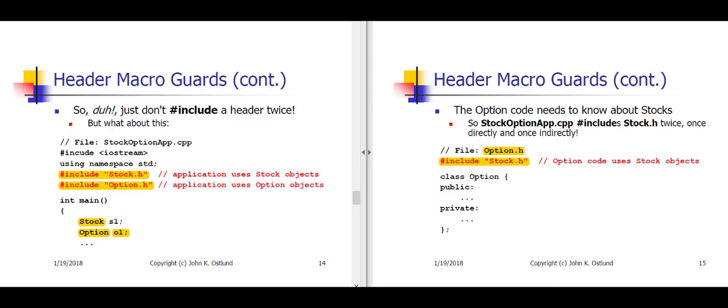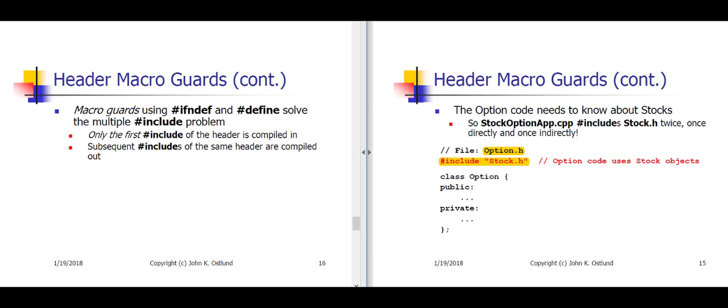In general, what this means is that we have to make it possible for any header to be included multiple times without any negative consequence. And a common trick for doing this is to use these things called macro guards.